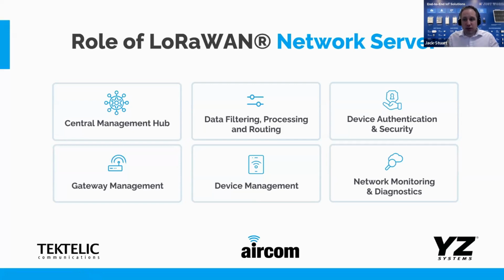The network server also plays a very key role in the security of the network. This is where all of your authentication and encryption is managed. A LoRaWAN packet by default is encrypted, meaning that if you were ever to intercept a LoRaWAN packet prior to it reaching the network server, there's really nothing that you can do with it.